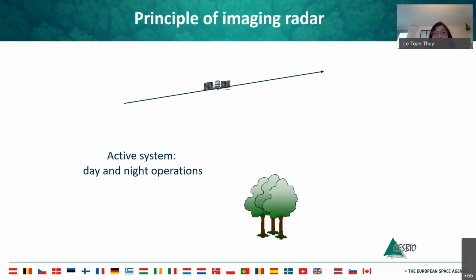And the imaging SAR. We have a system orbiting the Earth and transmitting the wave. And this is an active system.